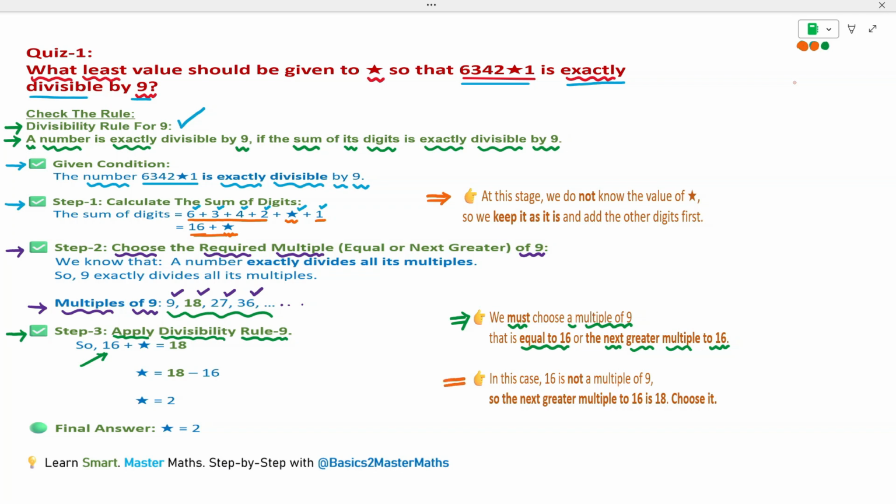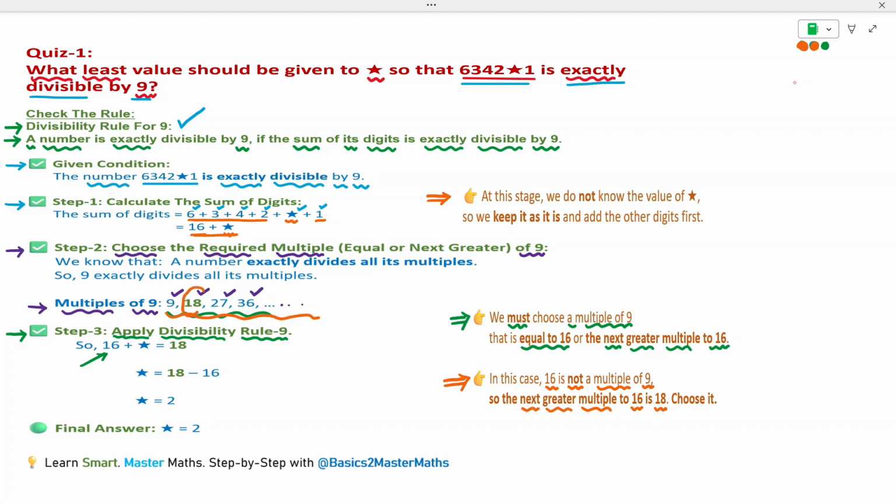In this case, 16 is not a multiple of 9. So, the next greater multiple to 16 is 18.